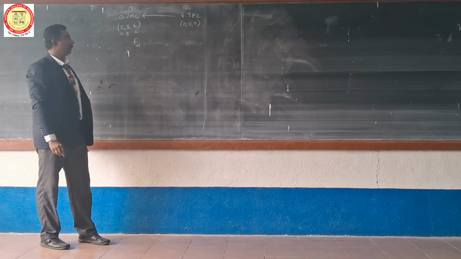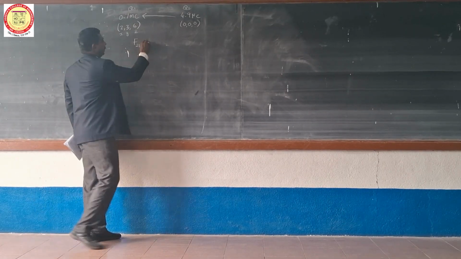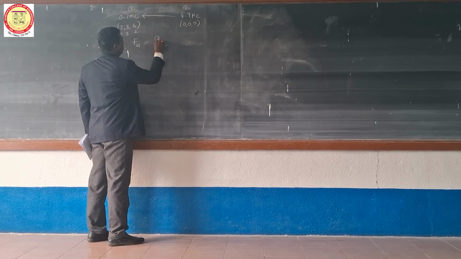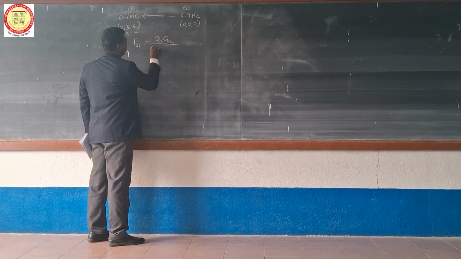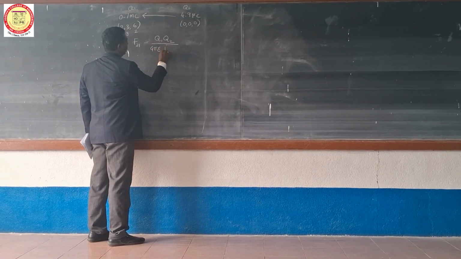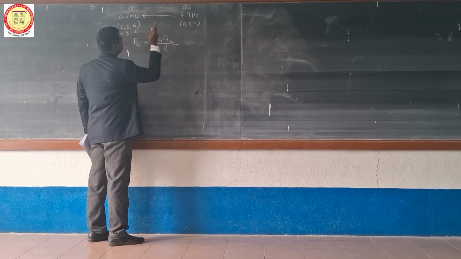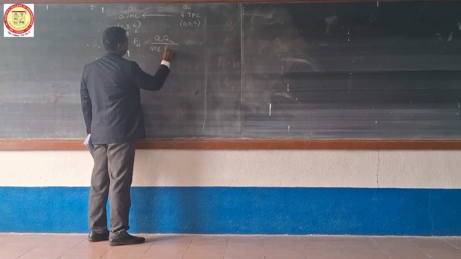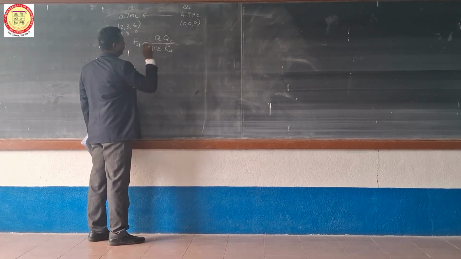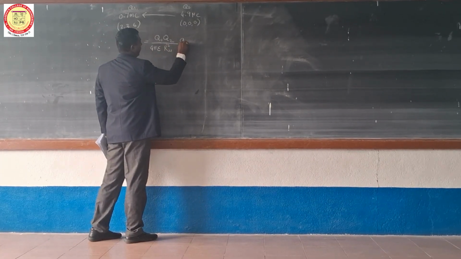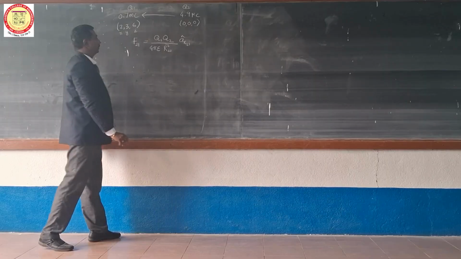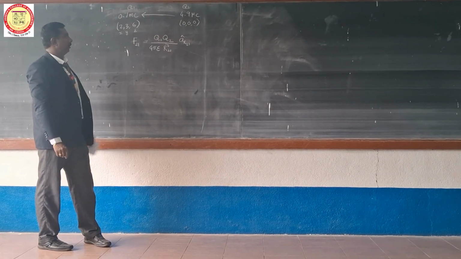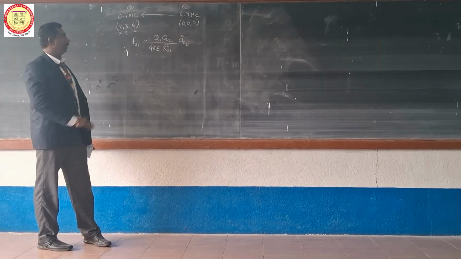So let us denote it as F21. The formula says it is the multiplication of the magnitudes of charges divided by the square of the distance between them. What is the distance? Distance from 2 to 1, squared. And direction is very important. It is also from 2 to 1. Okay. We have to find all these values. You substitute, everything will be over.